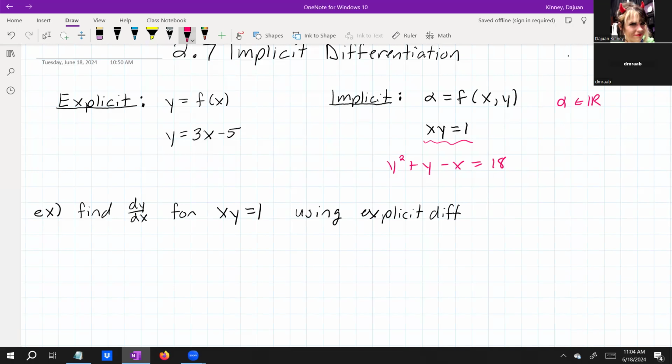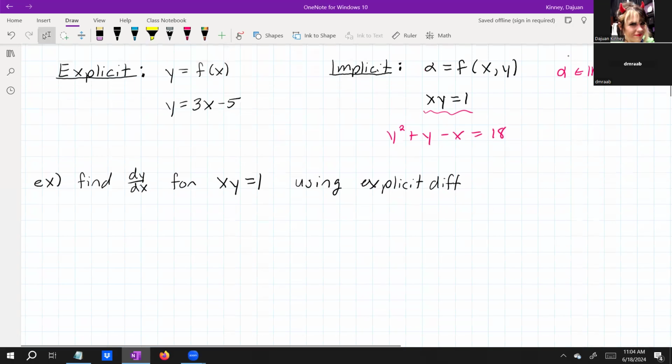These should all be pretty straightforward. So first example is we're going to find the derivative of xy equals 1 using explicit differentiation. Oh, whoops. So solve that for y, not for x. I get y equals 1 over x, which I prefer to write as x to the negative 1. So just divide both sides by x.